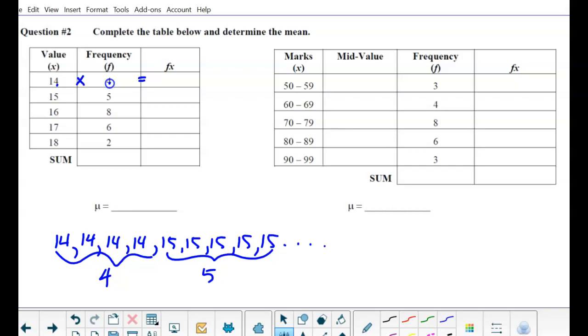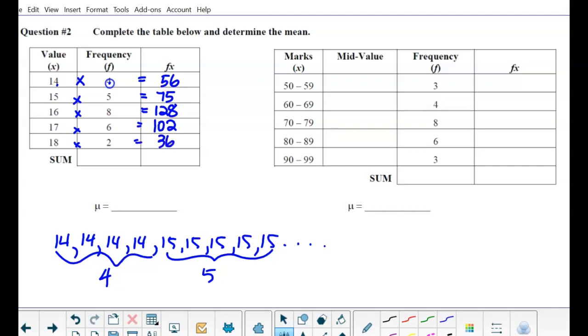So 4 times 14 is 56. 15 times 5 is 75. 16 times 8, 128. 17 times 6, we do 102. 18 times 2 equals 36.